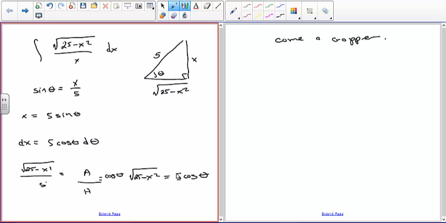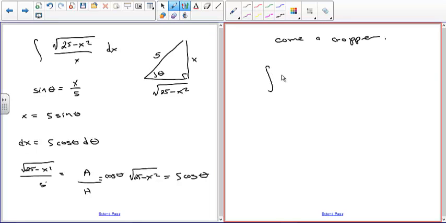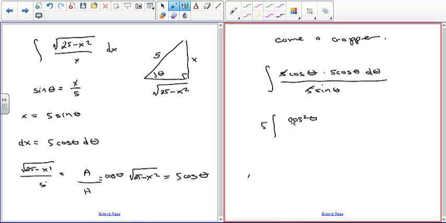So let's plug it into our original integral. We get the integral of 5 cosine theta times dx, which is 5 cosine theta d theta, all divided by x, which is 5 sine theta. So we can cancel out two of the 5s, and that's it. So we'll get the integral of cosine squared theta over sine theta.